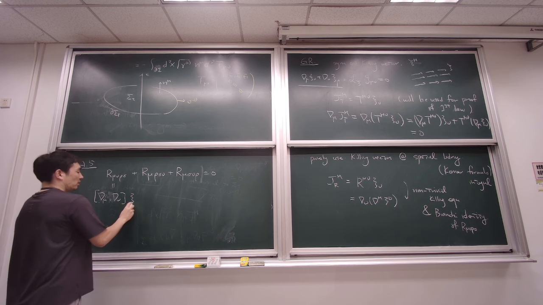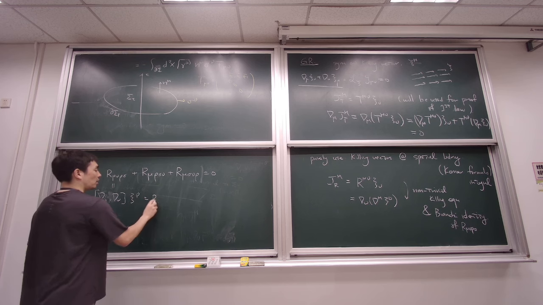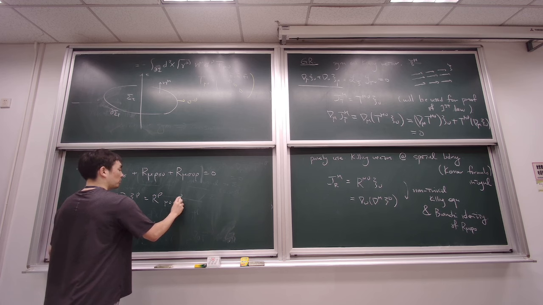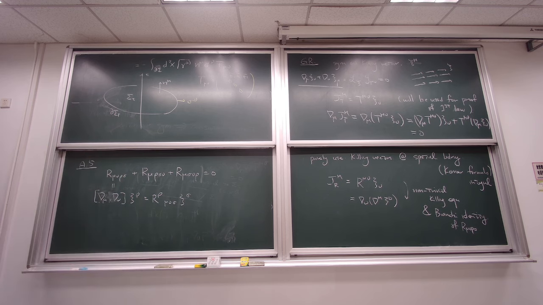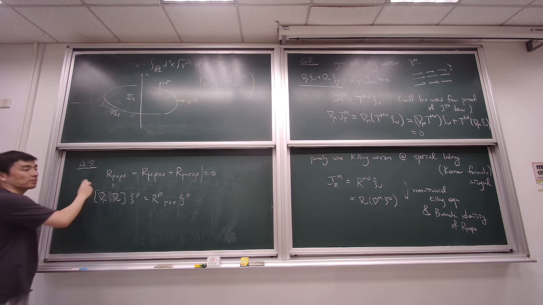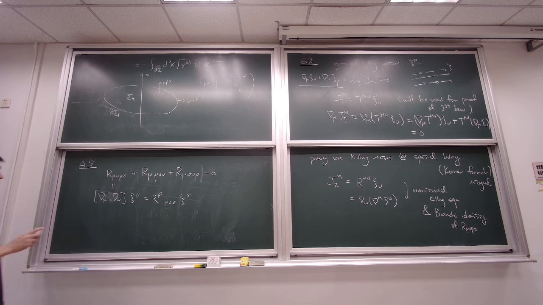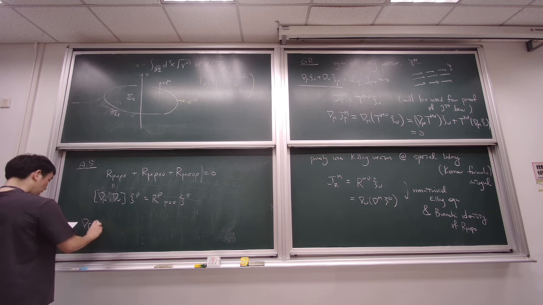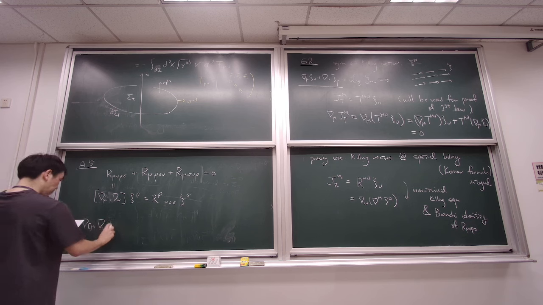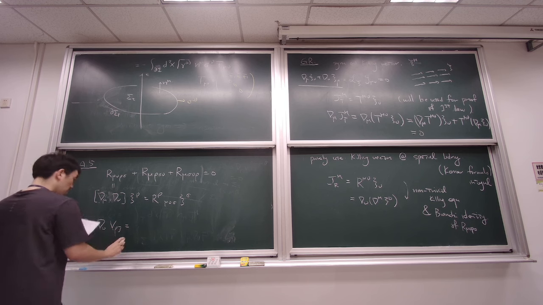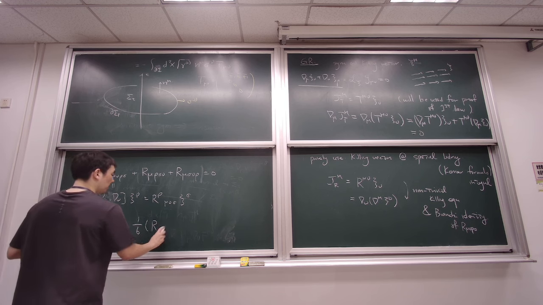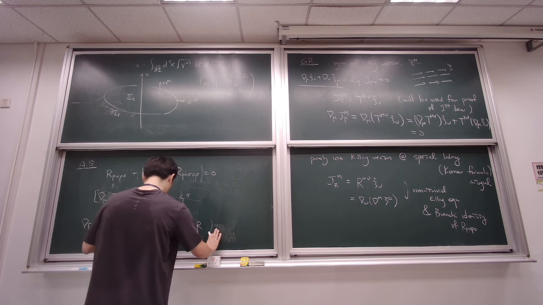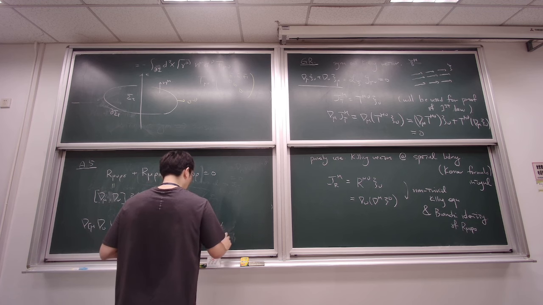If you act on this with ρ, you get something like this, right? R_μσ C^σ, like this way. So this is the curvature equation, and this is the first Bianchi identity. And using that, one can show that the totally antisymmetric part is equal to 1/6 times (R plus R plus R) times B, which is equal to 0.